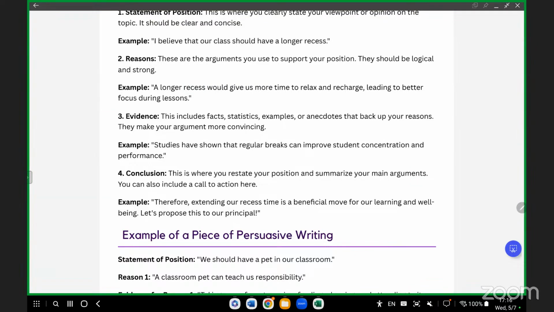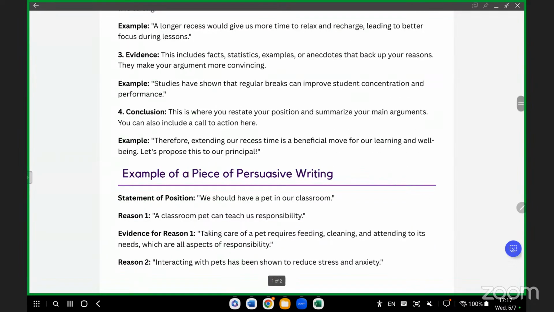So it can be, for an example, therefore, extending our recess time is a beneficial move for our learning and well-being. Let's propose this to our principal. So we see here, the conclusion is the first sentence, and the call to action is let's propose this to our principal. So it's inviting you to, let's go and do this.